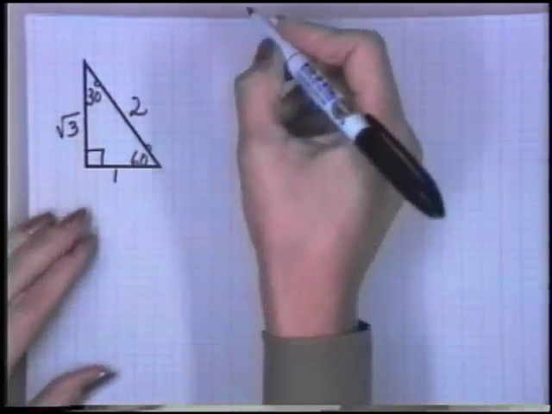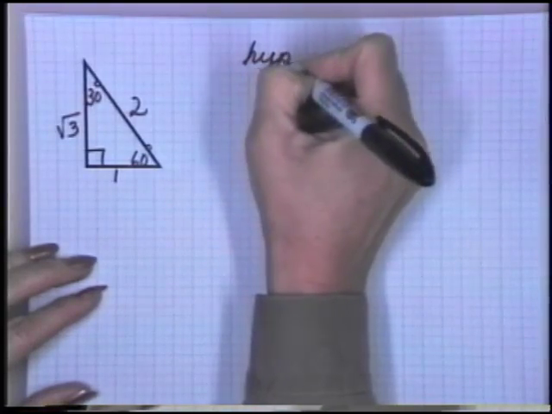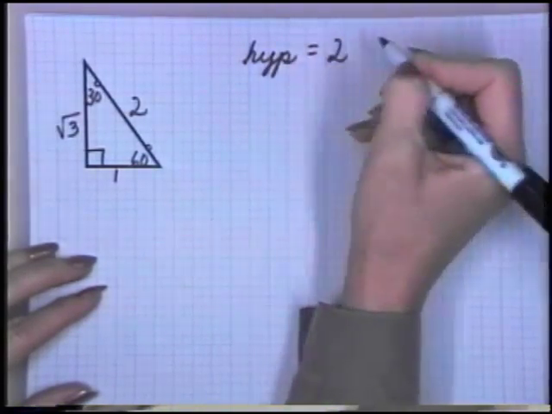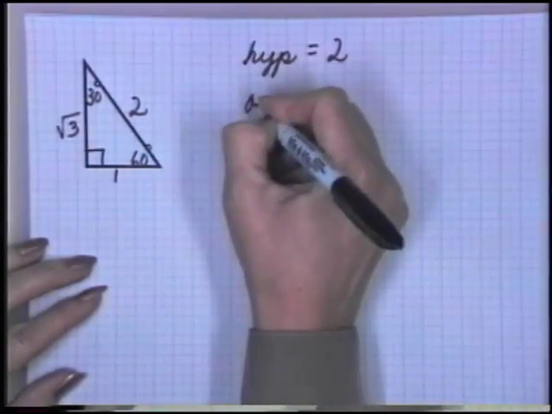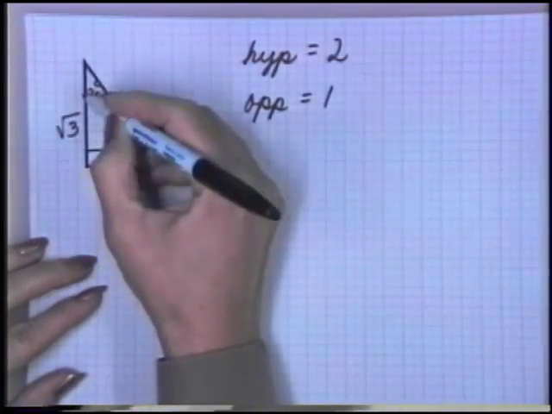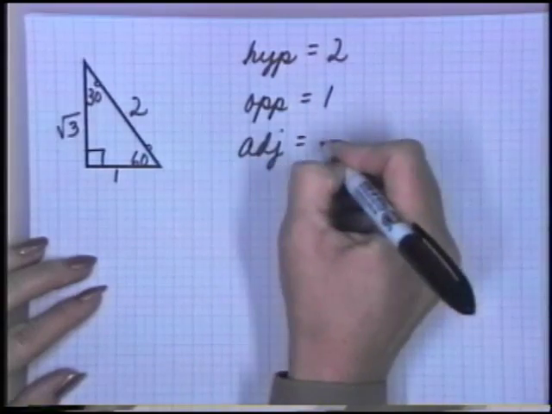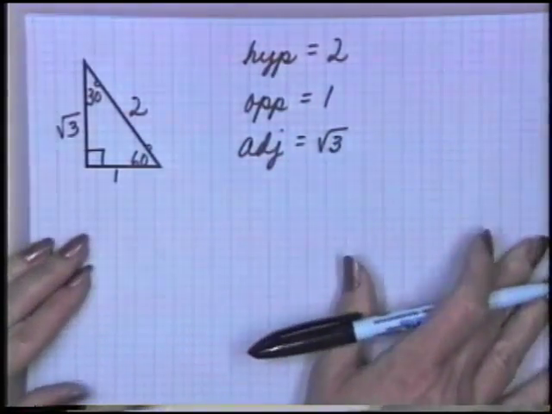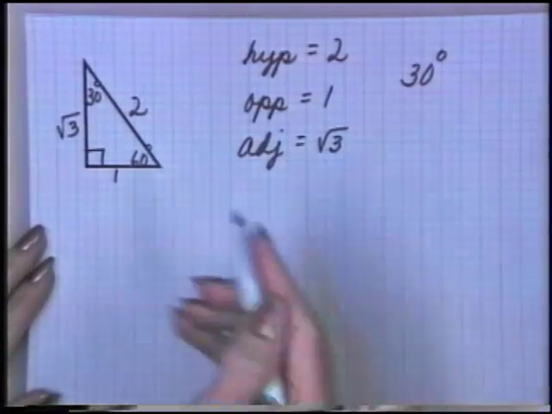All right, we already know that the hypotenuse, I think I'll abbreviate, equals 2. The leg opposite 30 degrees equals 1. And the leg adjacent to 30 degrees equals the square root of 3. And this would be true for our 30-degree angle.